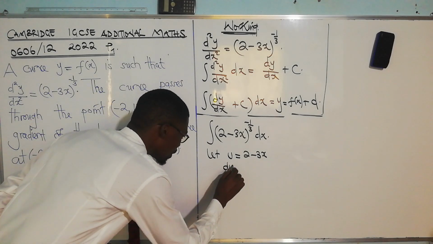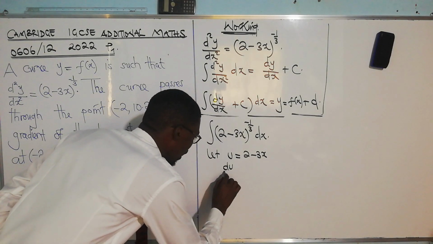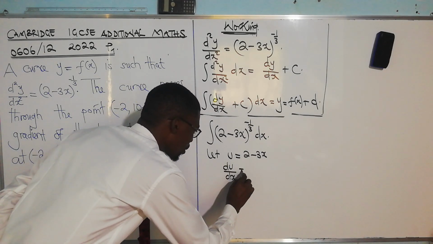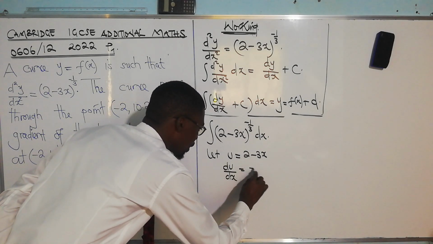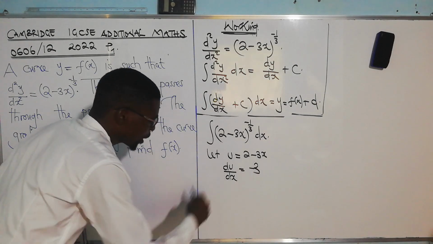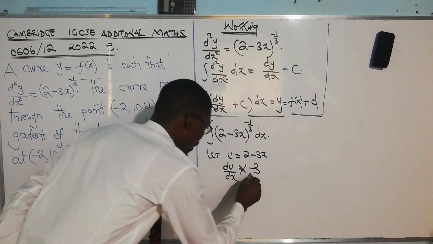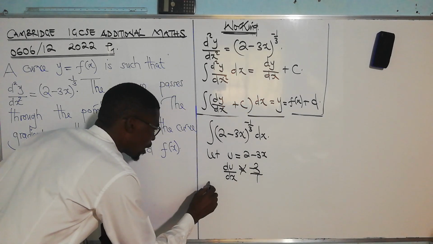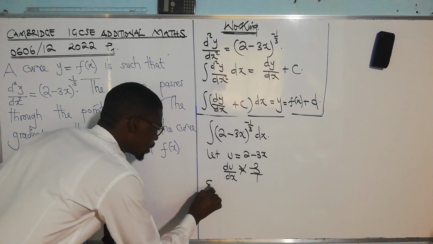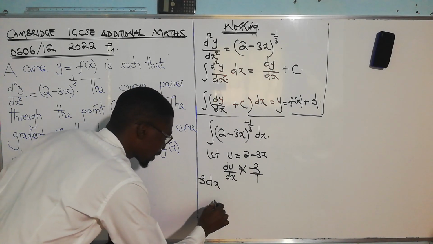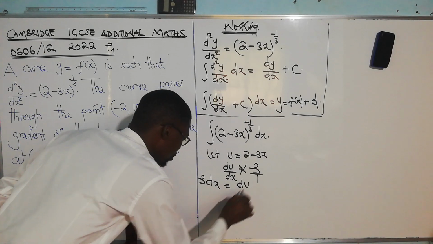You know that du over dx, when you differentiate u with respect to x, you are going to get negative 3. Then you want to make dx the subject of the formula. You can cross multiply here. You are going to have dx times negative 3, so it is negative 3 dx, giving you du.